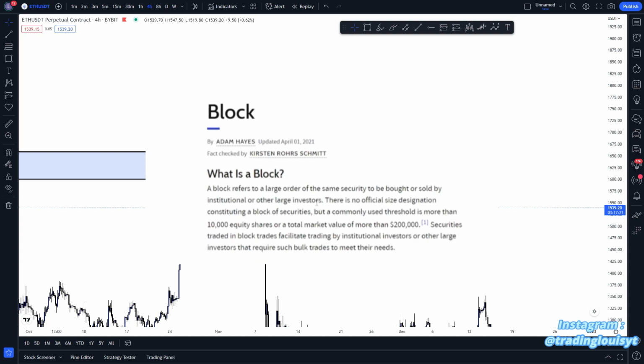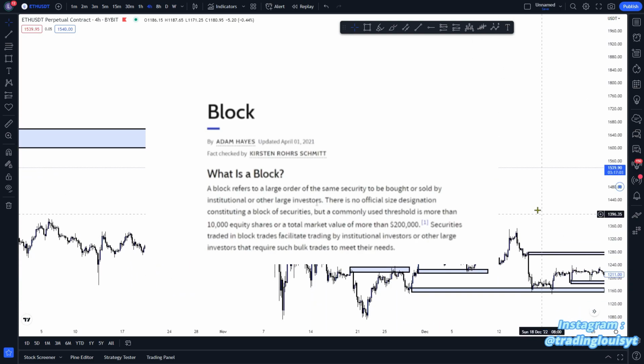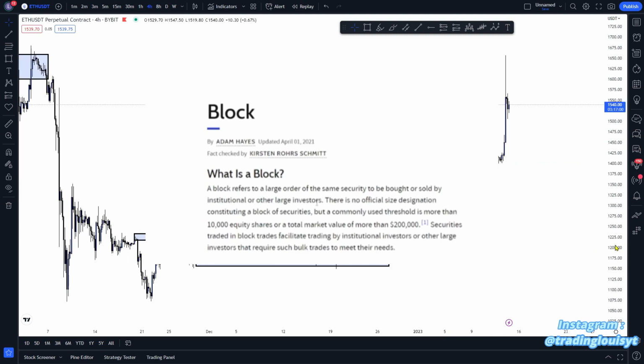There is no official size. So what this means is big banks, big institutions, and large investors that are investing a large amount of money will put in a specific order into the market, and then that will cause a big move in price action.